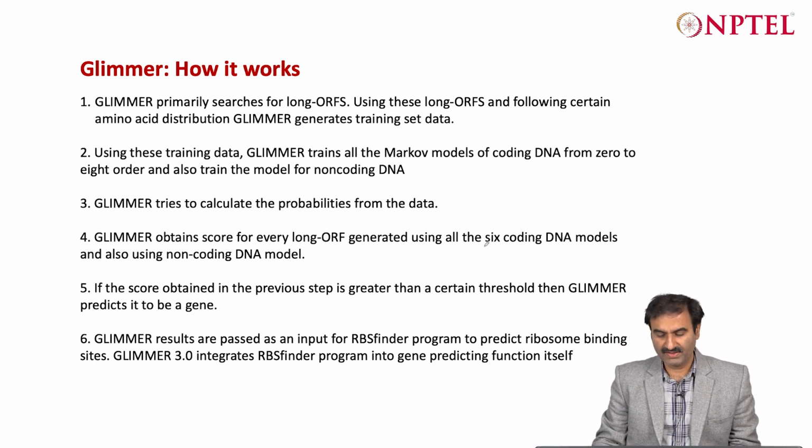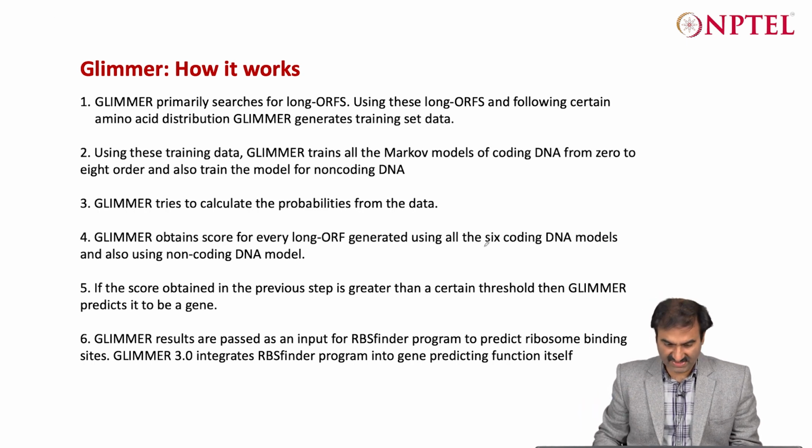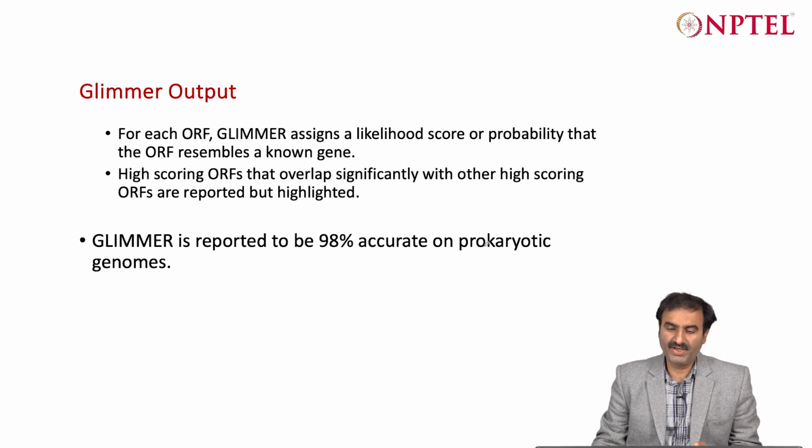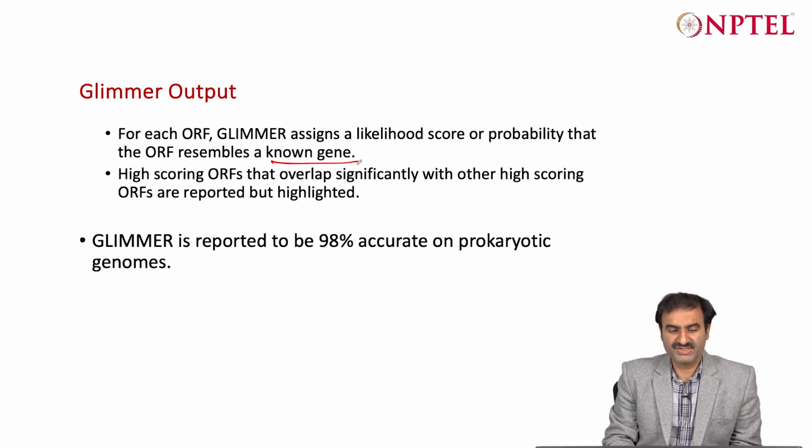And then for every ORF that it finds using that training on the real genome, it also ranks that ORF by giving a score, which is the likelihood, the probability that it could be a gene.